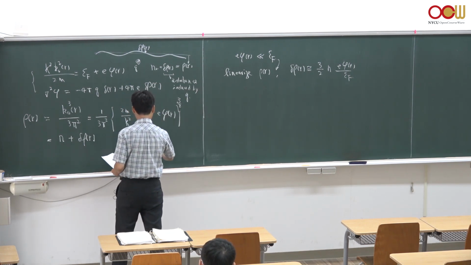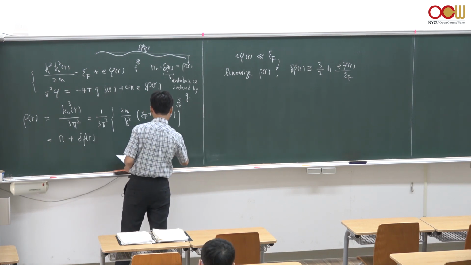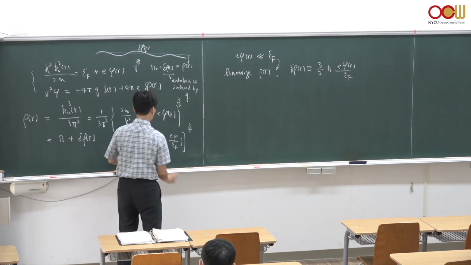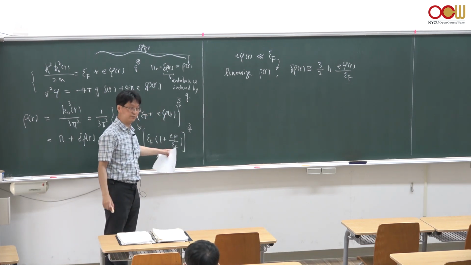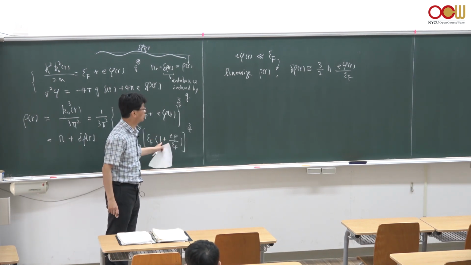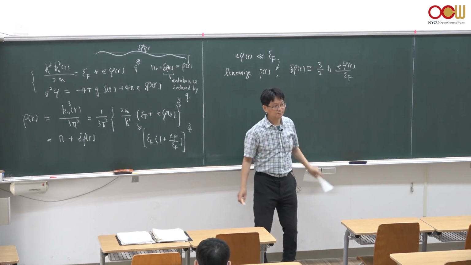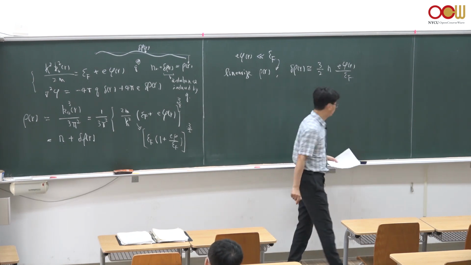So epsilon f times 1 plus e psi over epsilon f, to the power of 3/2, and you could simply do the Taylor expansion. There's 1 plus that small something, which leads to this prefactor 3/2 that comes from the Taylor expansion of this factor.